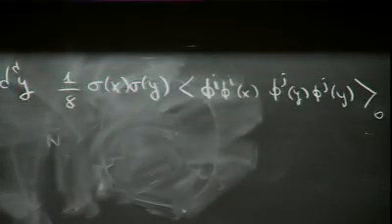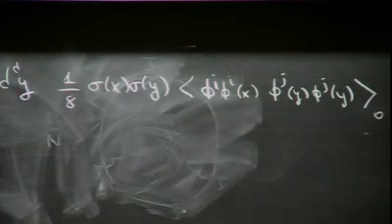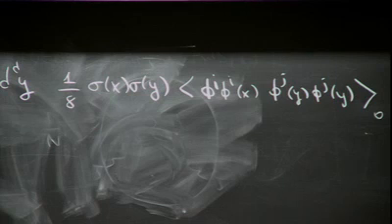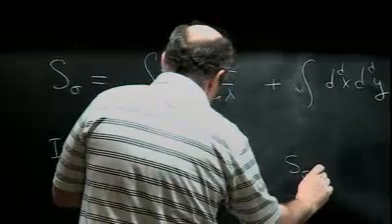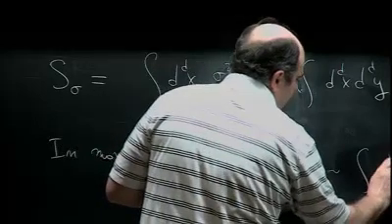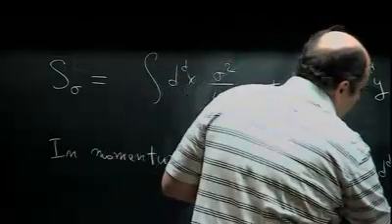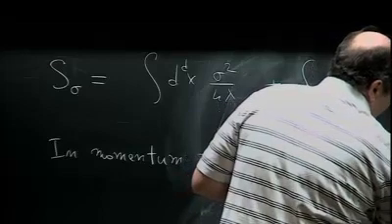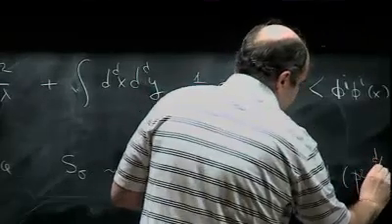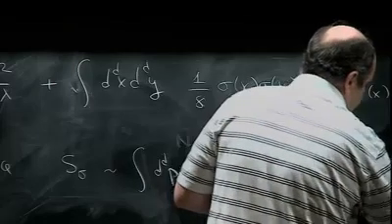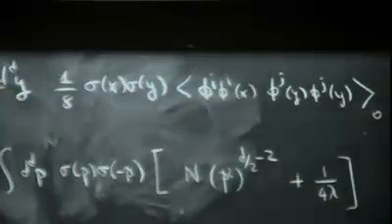All right, it's more convenient to write this in momentum space. In momentum space, we get as sigma, now not keeping track of overall constants, which are not very important. Okay, so that's what you get.